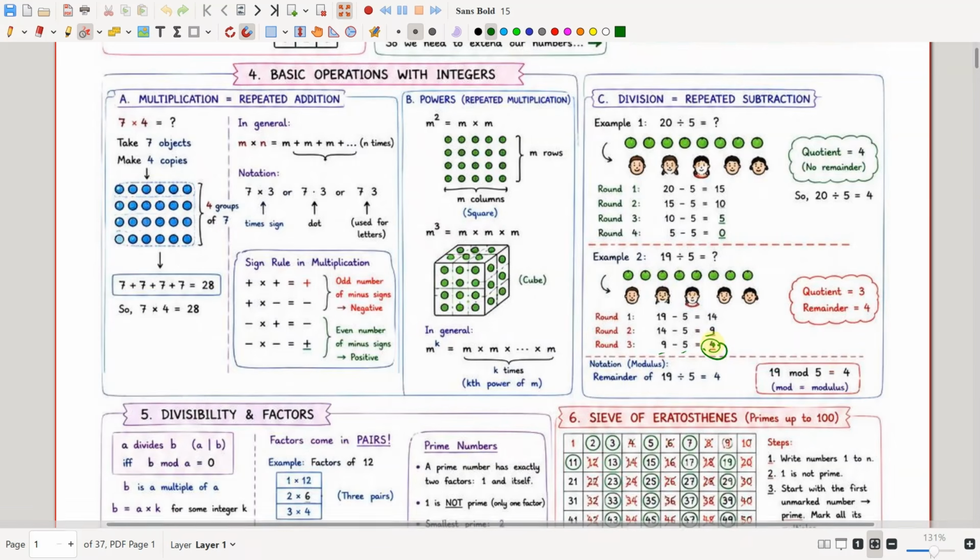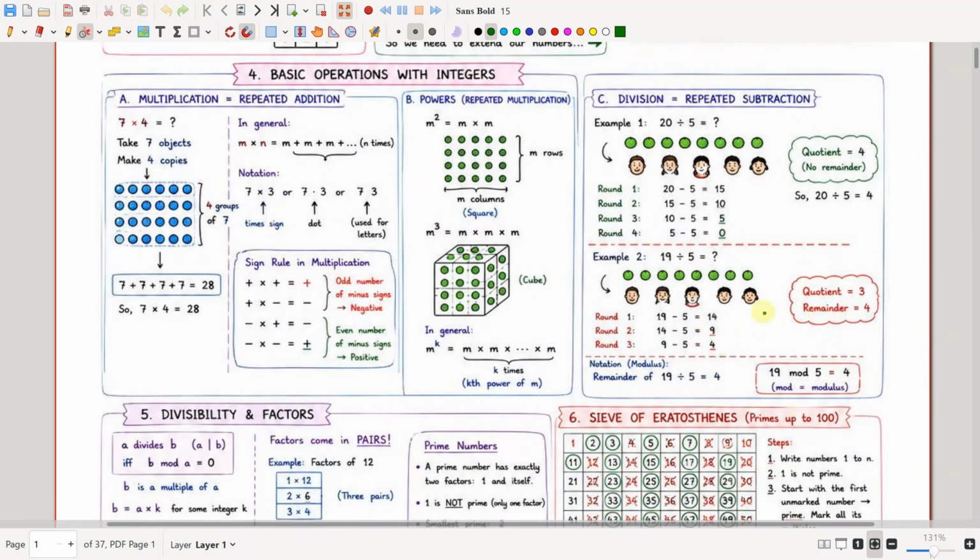See here, the quotient is, I have gone 3 rounds, right? So 3 is my quotient. The remaining value after you subtract the term for the third time, if you get some value other than 0, that value will be your remainder.